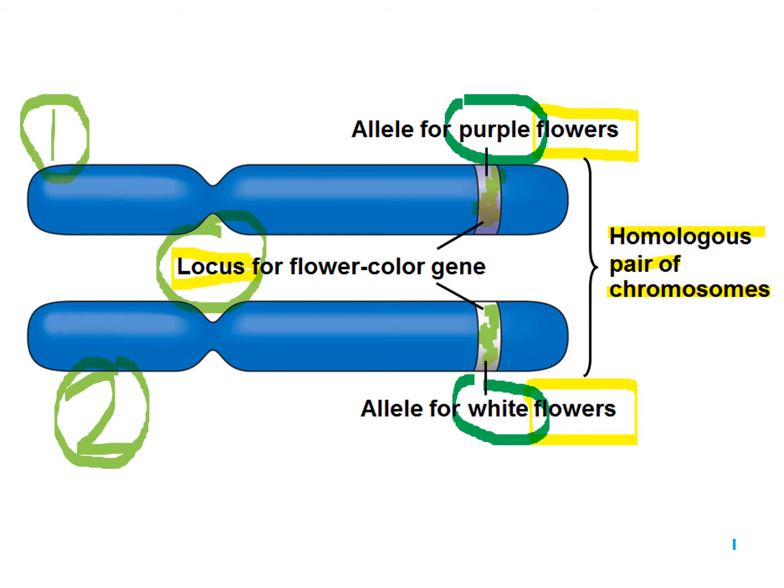So although both of these genes code for a flower color, the expressiveness or the physical look of this gene may differ. It may be purple, or it may be white, or even a combination of both purple and white. And the different versions of these genes are called alleles.